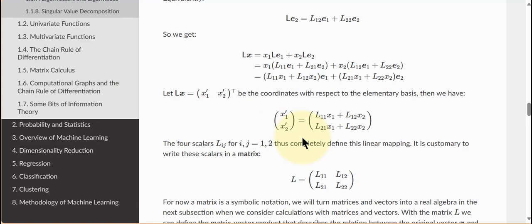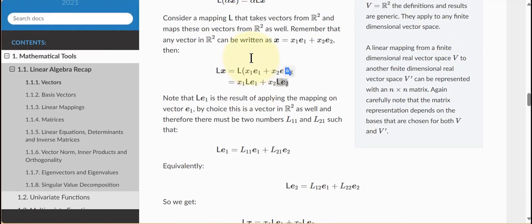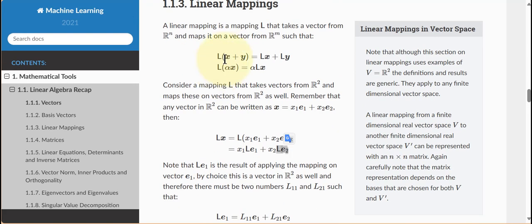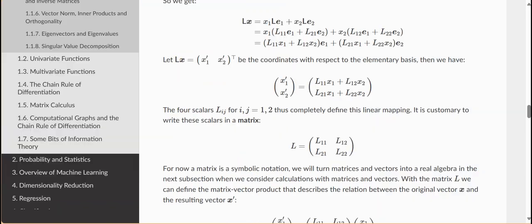So what this says is we have this linear mapping, and this is all only true for a linear mapping. We started out up above, I think up here, and we said, oh, we can go from here to here to here if it's a linear mapping. So all of this is based on the fact that it's a linear mapping, which means it satisfies these two properties.